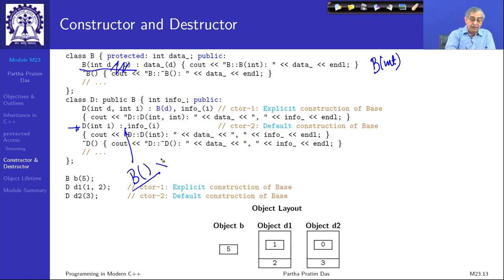So, this constructor with the default constructor of base expected will simply not compile, because the compiler does not know which constructor to call. It needs a parameter, which you have not given, whereas you have given it here. So, this is okay, but this will not be okay.